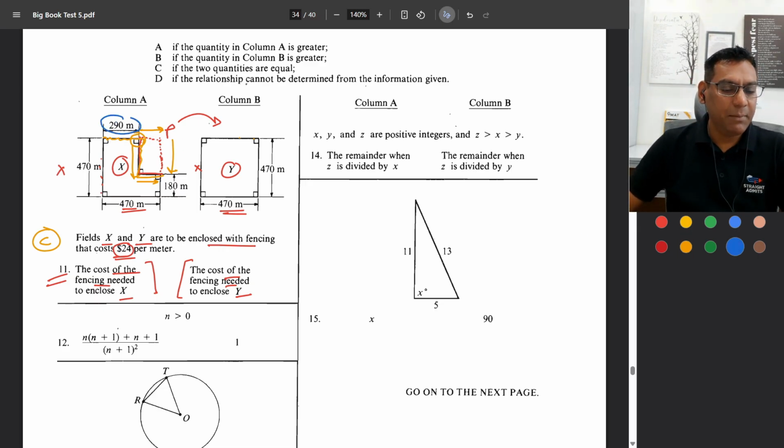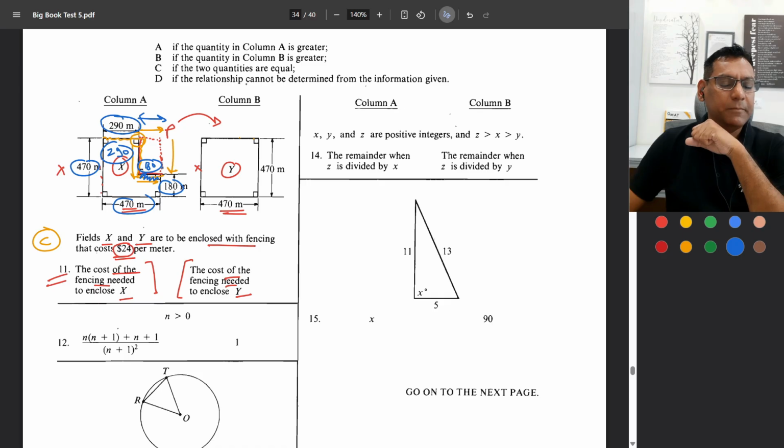They have given these dimensions. So this side is going to be 470 minus 290, correct? And this is going to be 470 minus 180, correct? So this is again going to be 470 minus 280 is going to be 180, and this is going to be 290. Then you add them up.